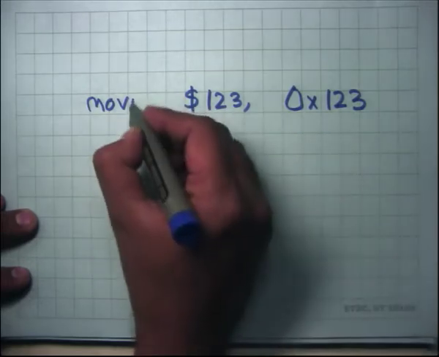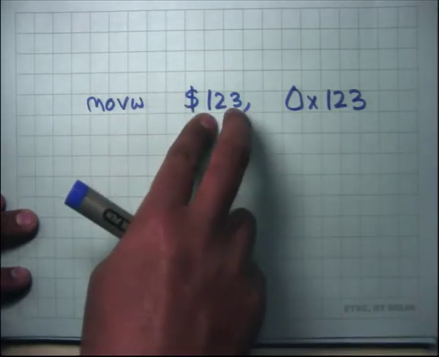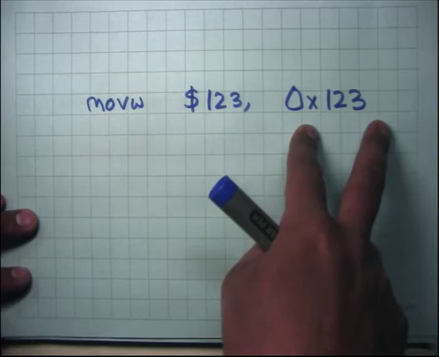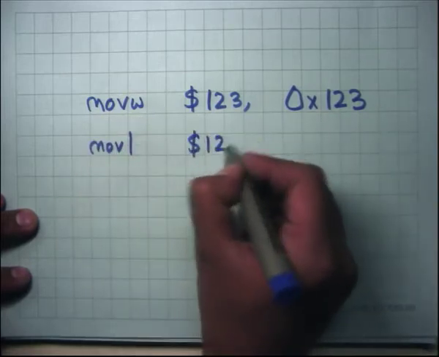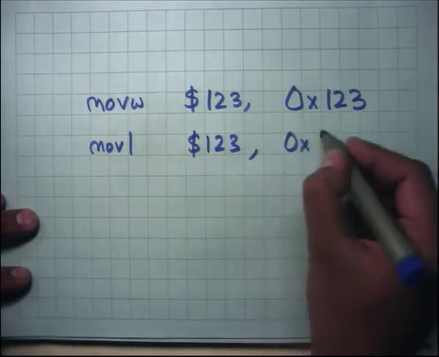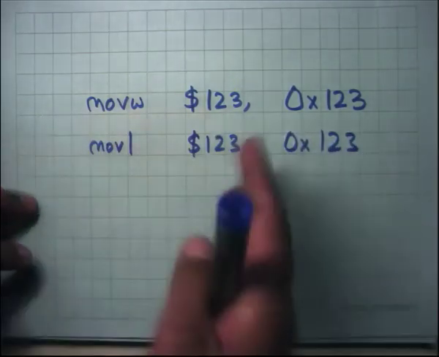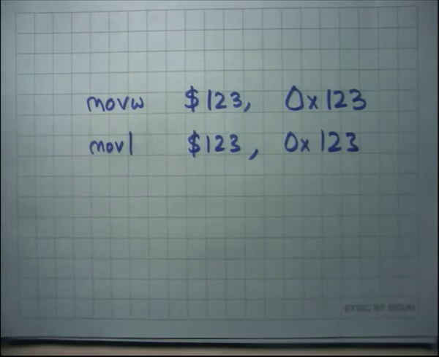So movw will mean treat this as a 16-bit value and store only 2 bytes to this address, and movl would mean treat this as a 32-bit value and move it. So in such instructions you are required to specify a suffix, otherwise the assembler will say there's some ambiguity in your code, right?